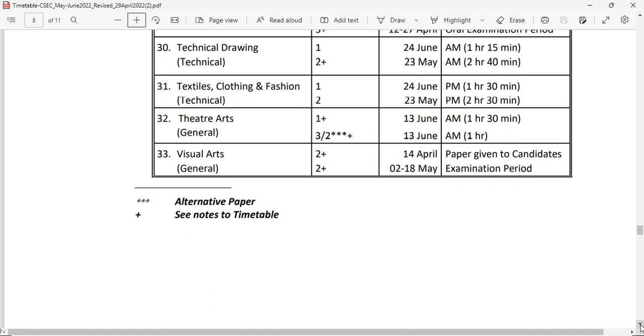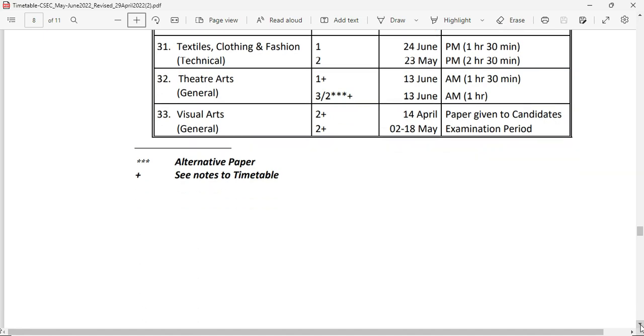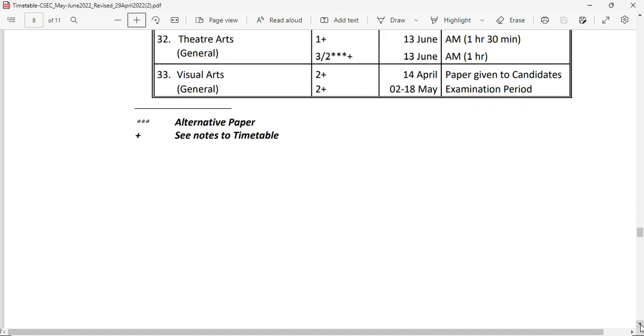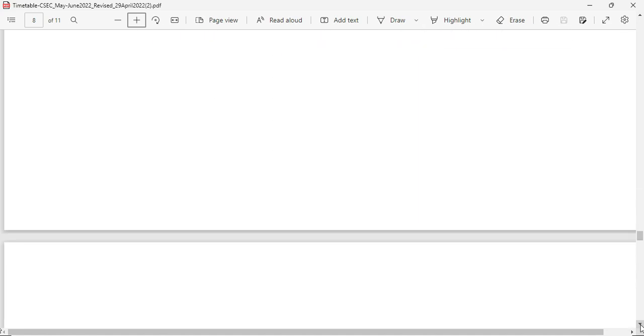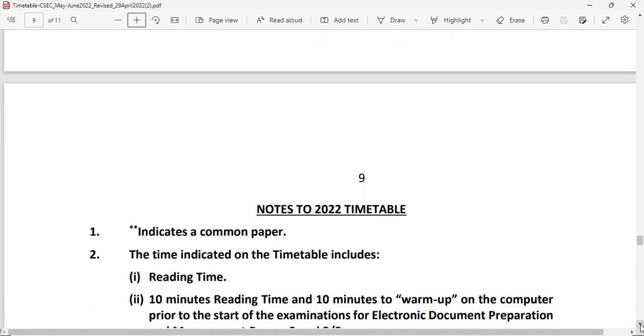32, theater arts, and we are seeing there the papers, the date, and of course the time for the exam. 33, visual arts, you're seeing of course the paper, the date, and of course the time for the exam.